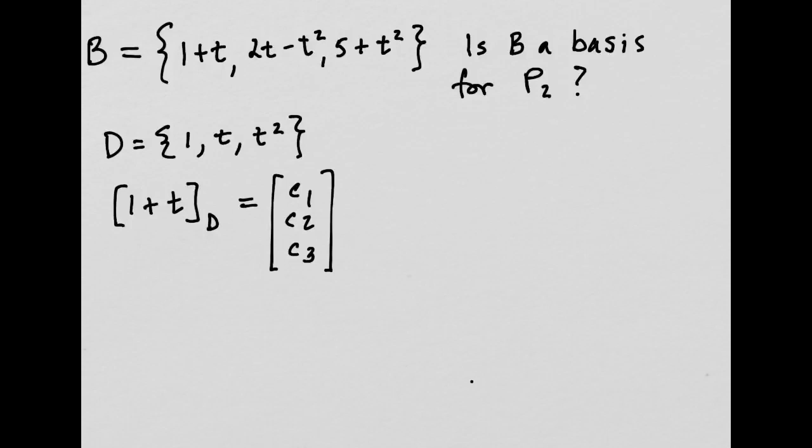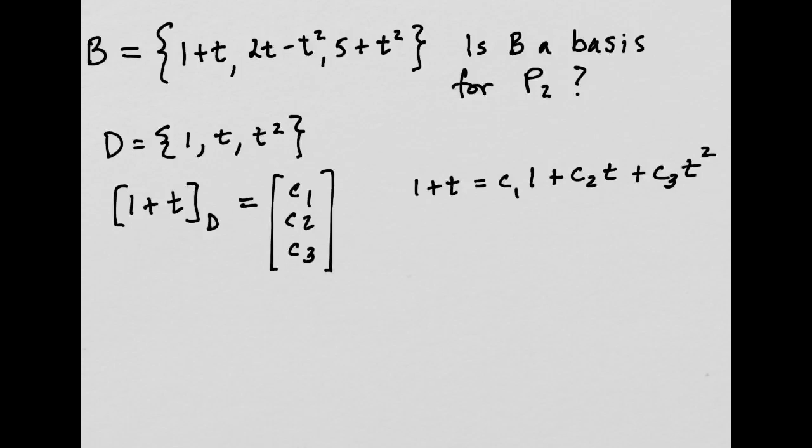So it's going to be a vector in R3 whose components are C1, C2, C3, and I need to figure out what those are. Well, the definition of them is that 1 plus t is equal to C1 times 1 plus C2 times t plus C3 times t squared.